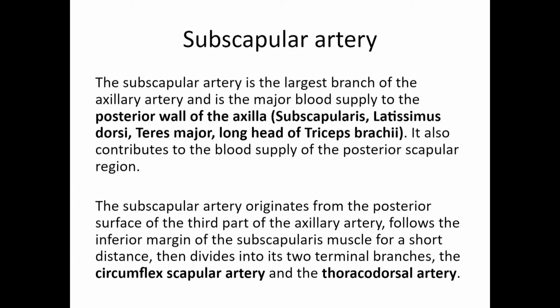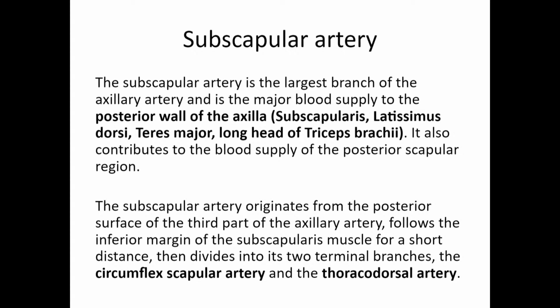It follows the inferior margin of the subscapularis muscle for a short distance, and then divides into two branches. One is the circumflex scapular artery, and the other is the thoracodorsal artery.